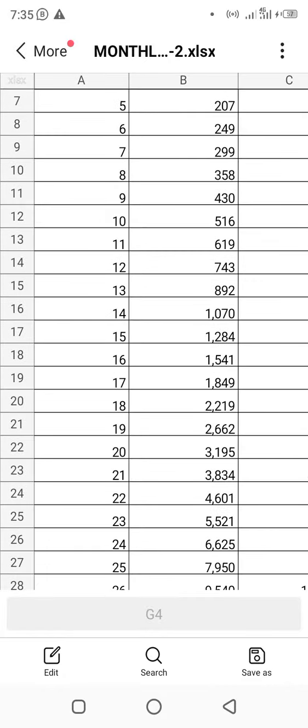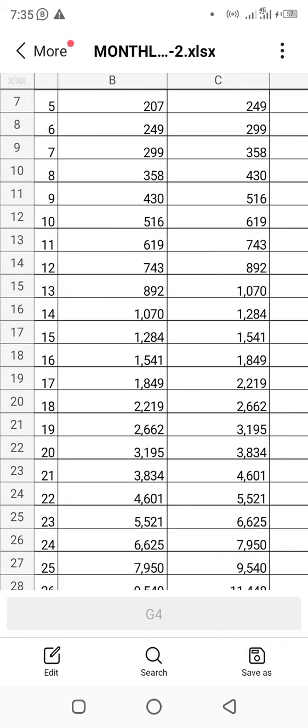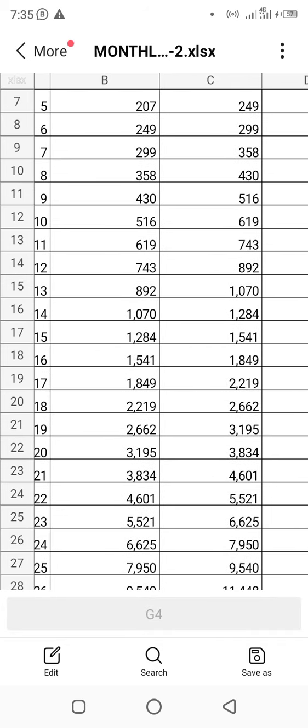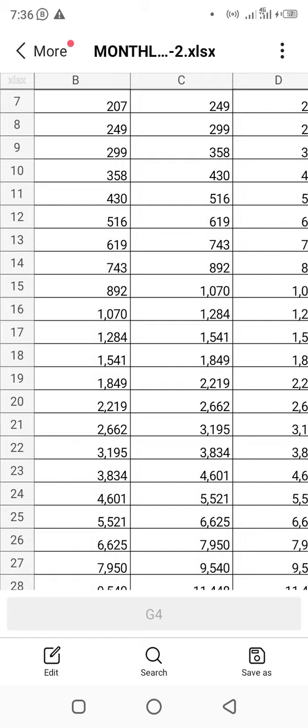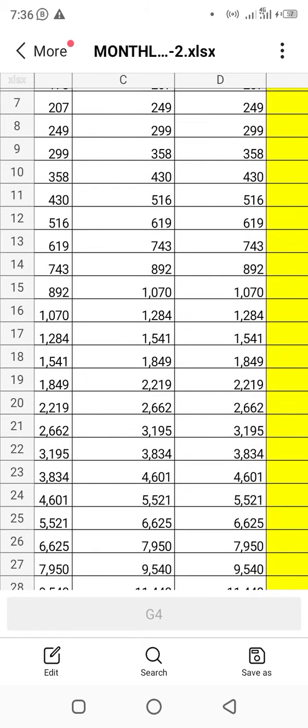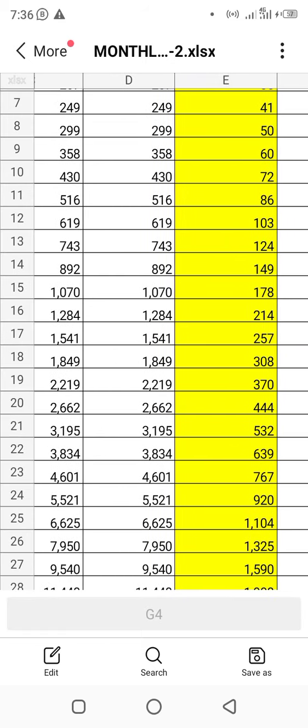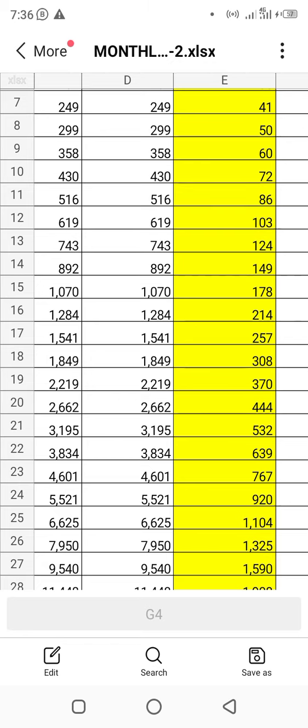So it goes down to our day 20, and we have to be very serious with this. This is the only way we can grow. If we are serious with it, I bet you in 30 days you're already a millionaire. This is day 20, you're already at $3,195, and your equity balance for the day is $3,834, and your profit at day 20 is $639.